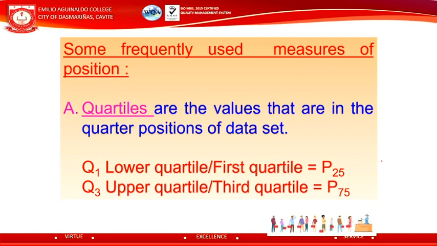We have the lower quartile and the upper quartile. Q1 will be our lower quartile and Q3 will be our upper quartile. They are also referred to as the first quartile and third quartile, wherein the first quartile is equivalent to the 25th percentile, and the third quartile is equivalent to the 75th percentile.